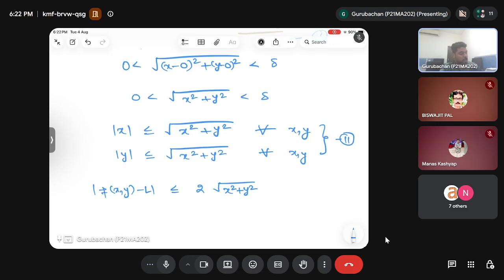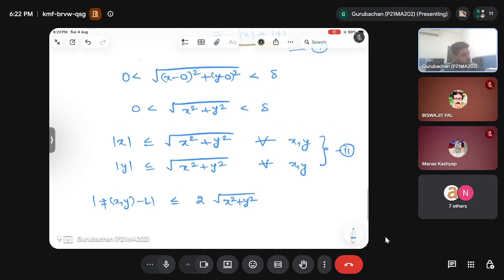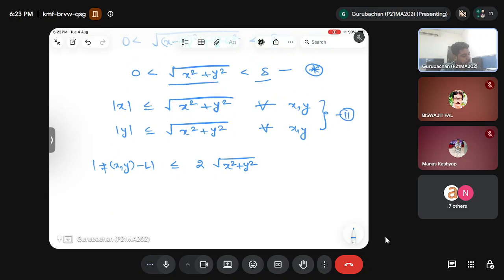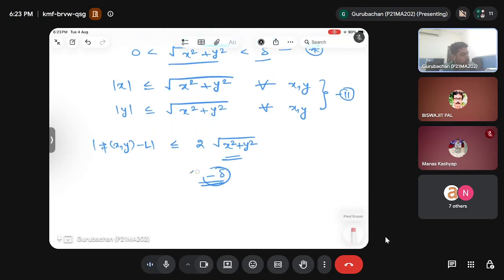Now we know by this star equation that this is less than delta, so this thing is less than 2 times delta. But what do you want here? Less than epsilon. So what will we do? We will very smartly choose 2 delta equal to epsilon, delta equal to epsilon by 2, so that it will be less than epsilon.